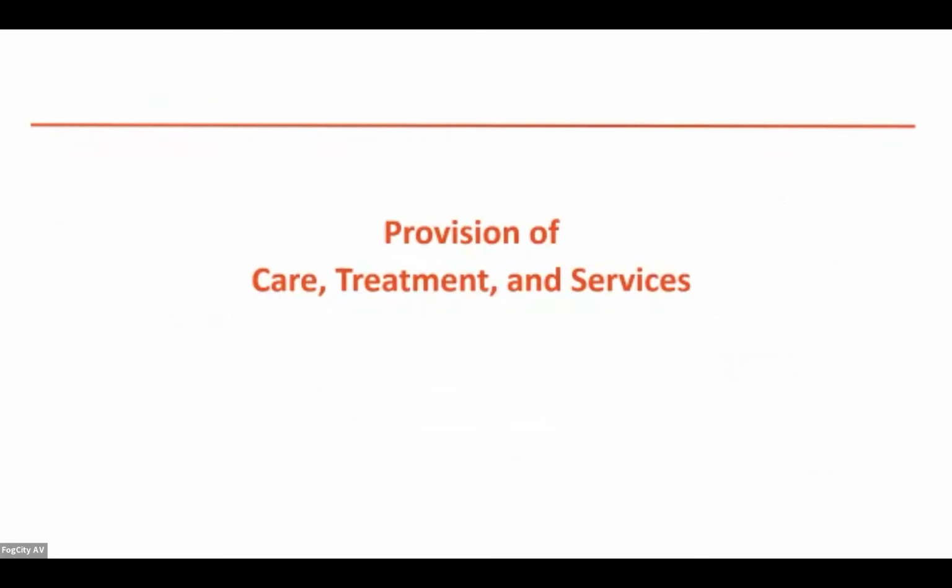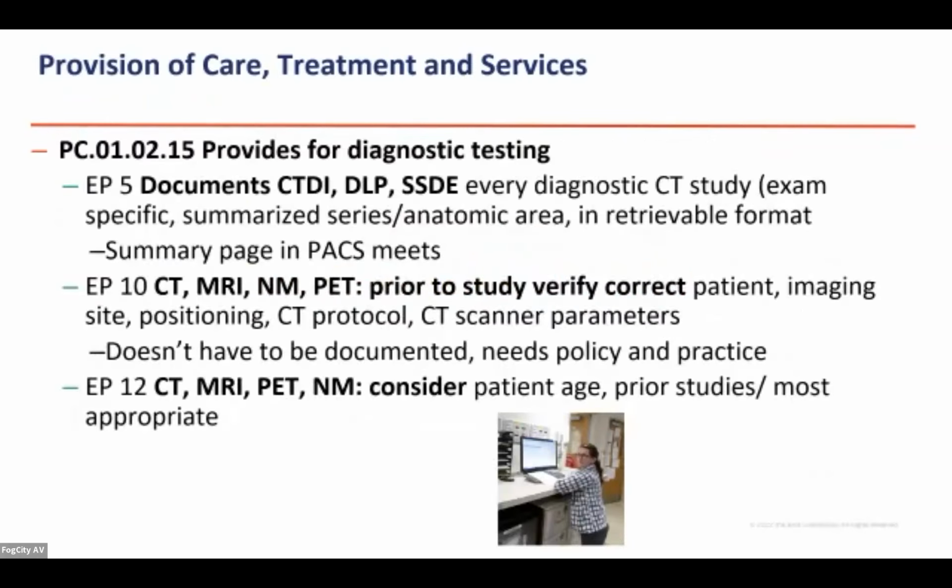Okay, we have a section called Provision of Care, Treatment, and Services, or PC. And we have a number of standards and EPs that fit imaging. So for instance, PC 10215 says that the organization provides for diagnostic testing.